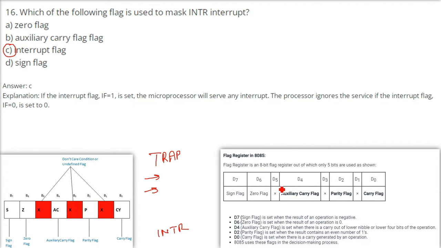It's not here, which you see. I just showed you because this is the basic flag we talked about. But we are talking about an entirely different kind of flag, the interrupt flag. If the interrupt flag IF is 1, if it is set, the microprocessor will serve any interrupt. The processor ignores the service if the interrupt flag IF is set to 0. If it is equal to 0, then it is reset.